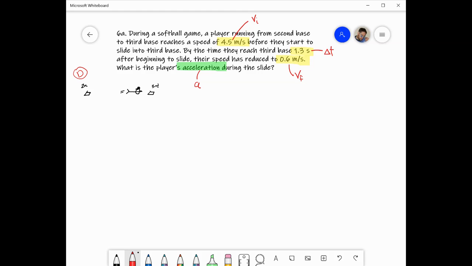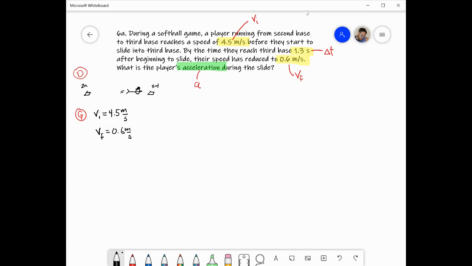That's my starting point. The next piece to this puzzle is writing down my knowns, or my givens. Now I actually have them up here, but I'm going to label them down here as well, just to make sure that I know what I'm talking about. So my starting velocity, VI, is equal to 4.5 meters per second. My final velocity is something else that I know, and my final velocity is 0.6 meters per second.